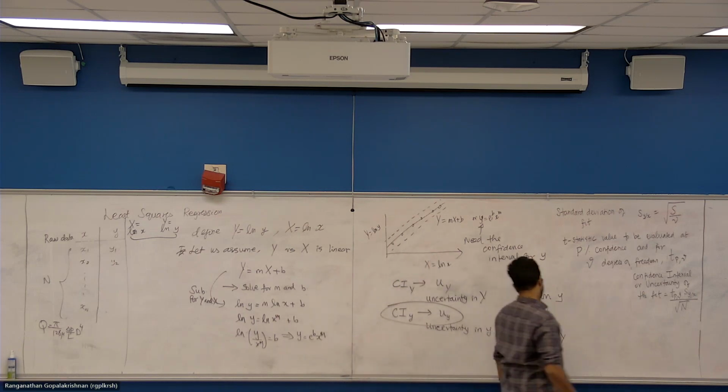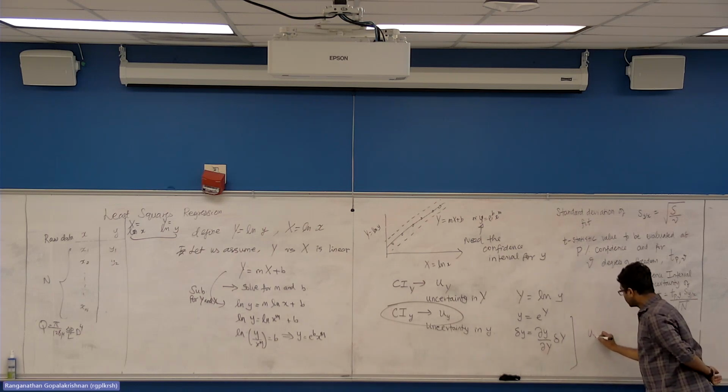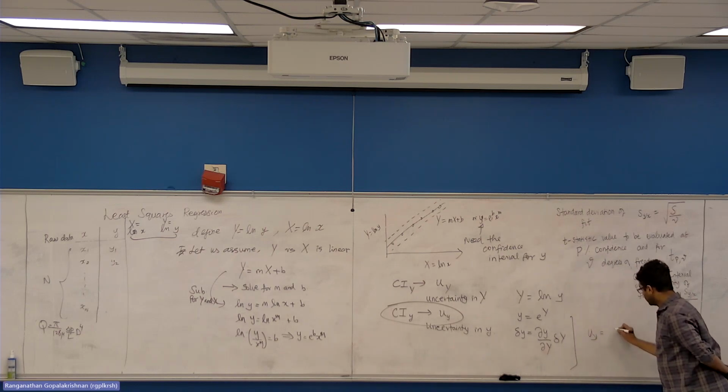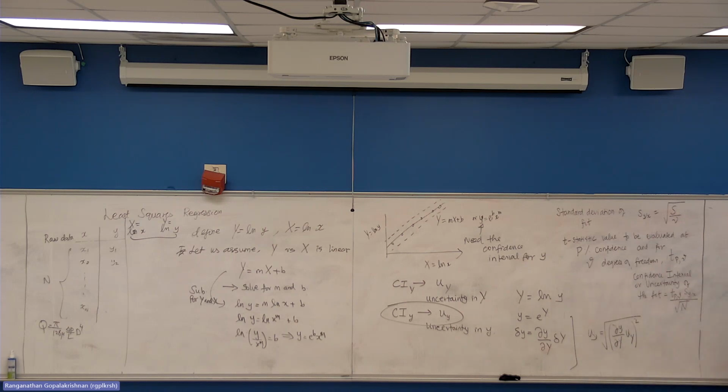Okay. When it comes to measurement theory, we write it as uncertainty in y is partial y over partial Y multiplied by uncertainty in uppercase Y squared, square root, so that any negative sign goes in.